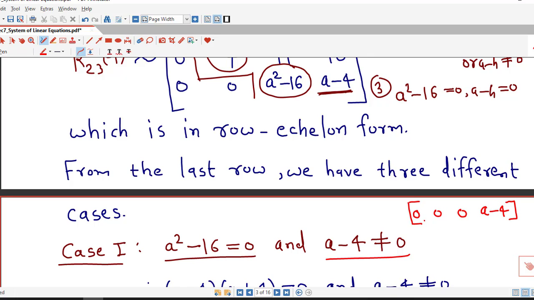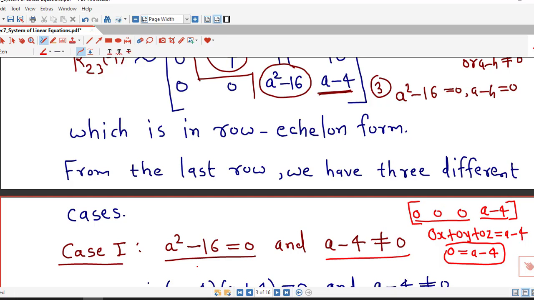So if we write down the equation corresponding to last row, then it will be 0x plus 0y plus 0z equal to a minus 4, that is 0 equal to a minus 4. So now if we have this type of row in row echelon form of augmented matrix, then we will always have this type of contradiction. So that shows that given system has no solution.